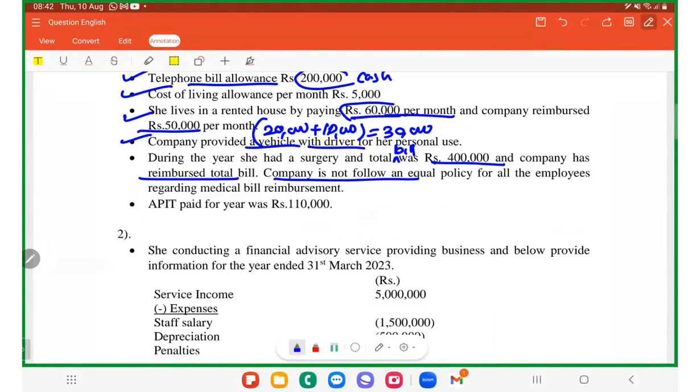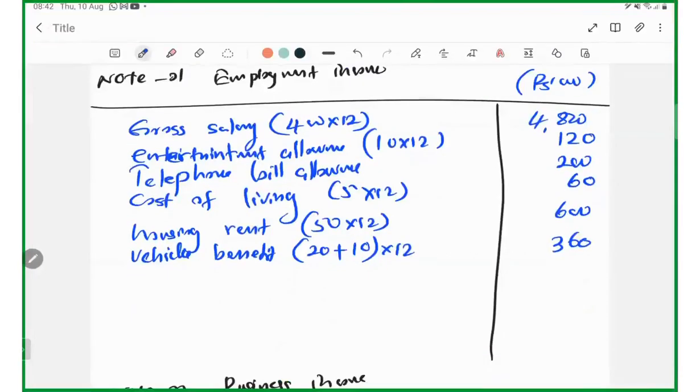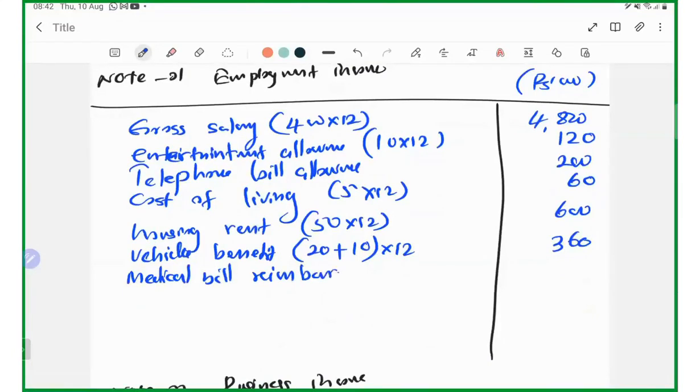If the company follows an equal policy for all employees regarding medical bill reimbursement, then the reimbursed medical bill should not be included, that means it is excluded from the employment income. But in this case, it is specifically given that the company does not follow an equal policy, therefore we have to take the medical bill reimbursement as part of the employment income. How much? You know that is 400,000.